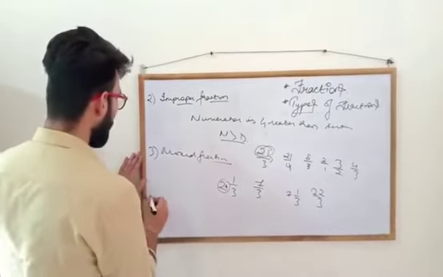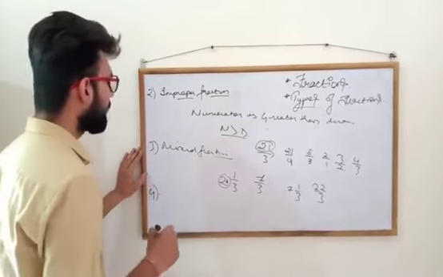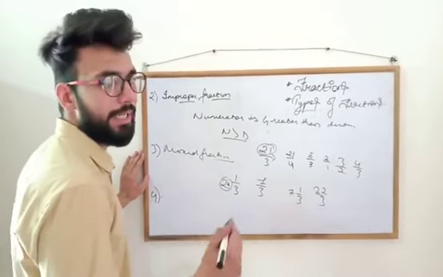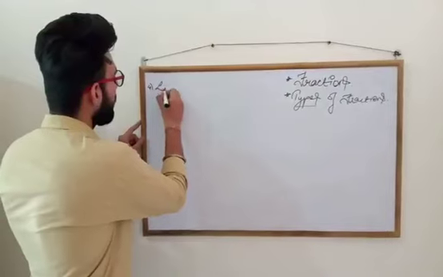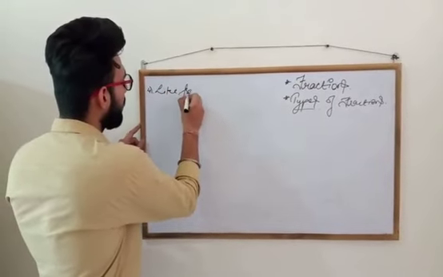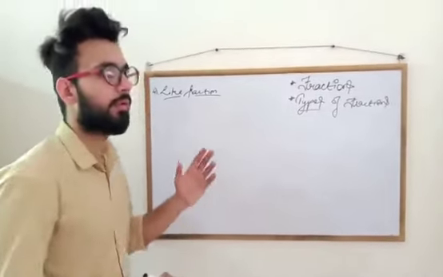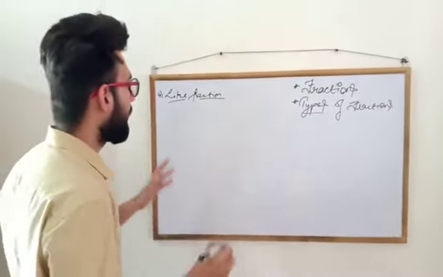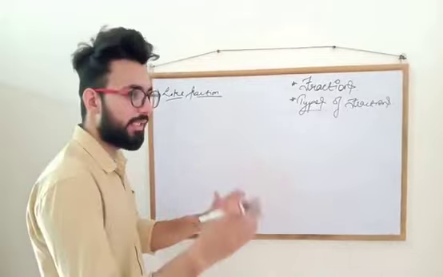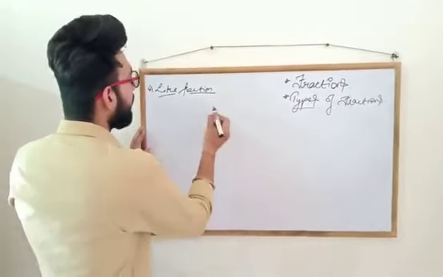Okay. So moving on to our fourth type of fraction, that is like fraction. Like fraction means when the denominators of many fractions are the same. Let's say we are having multiple fractions.